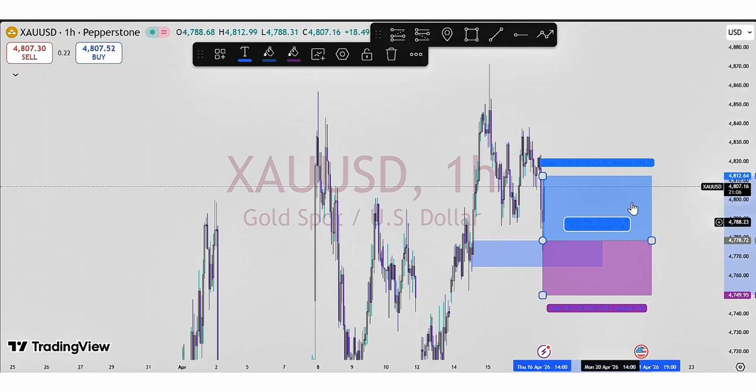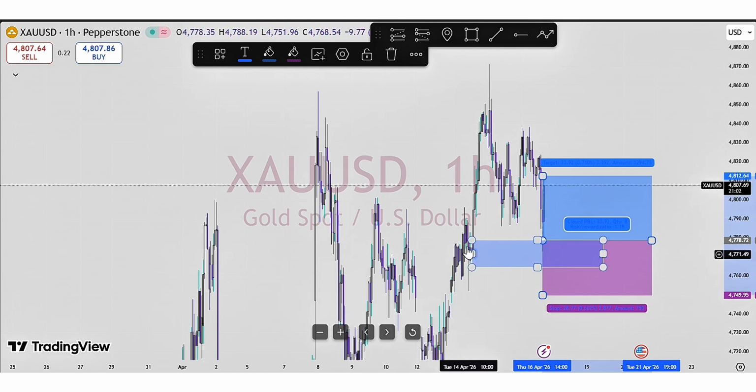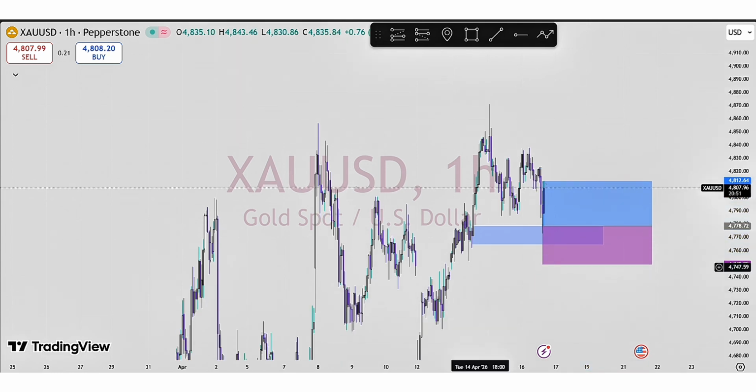I'm going to talk about that. Your stop loss should always be at the recent high, right? The last high that the market made on that time frame. That high should not be inside. It shouldn't be this one, it shouldn't be this one. It should be this one that is out.